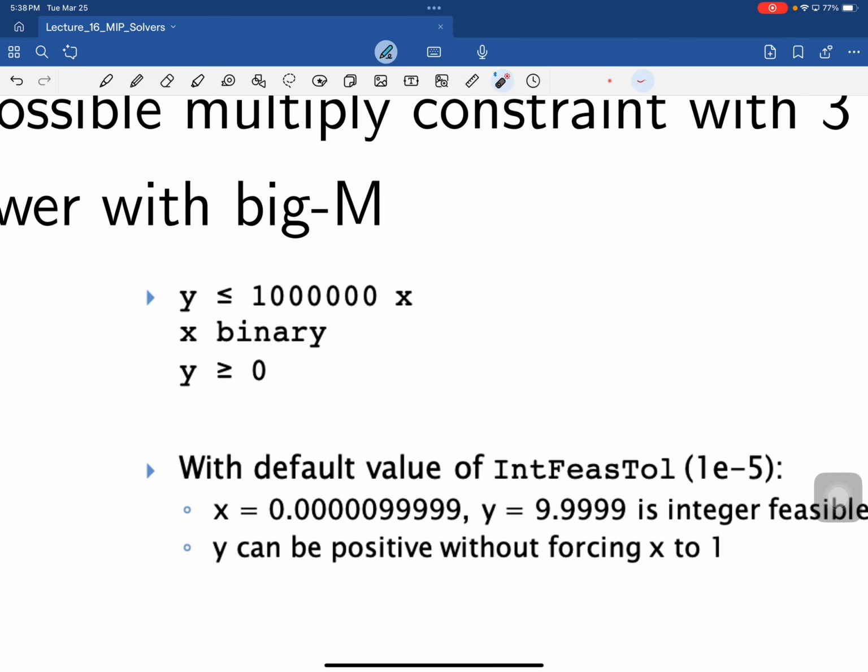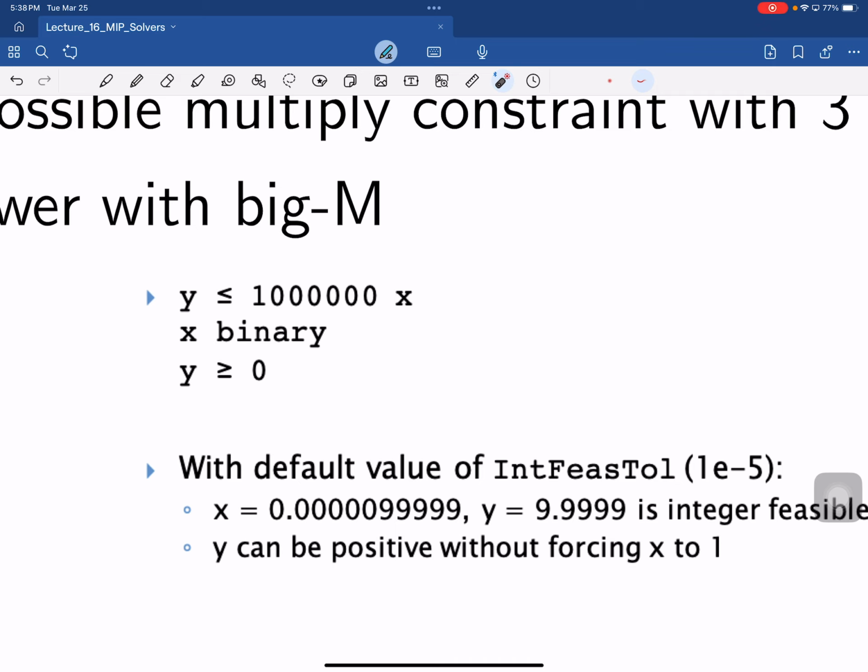The reason is there is an integer feasibility tolerance. So the solver will not always guarantee all the numbers are exactly 0 or 1. There is a feasibility tolerance you set. As long as a number is within 10 to the power of -5, it will treat this number as 0, so it will not continue branching on it.